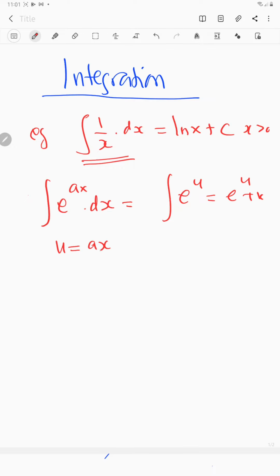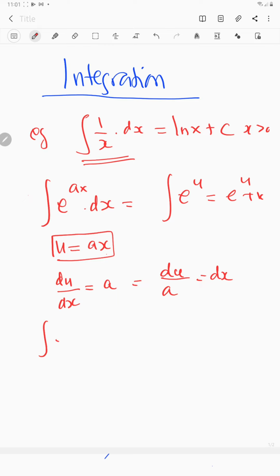When you have this one, you remove this by differentiation, so you can say du over dx is equal to a. Then in this case du is equal to a dx. So having done that, you can come back to the expression.